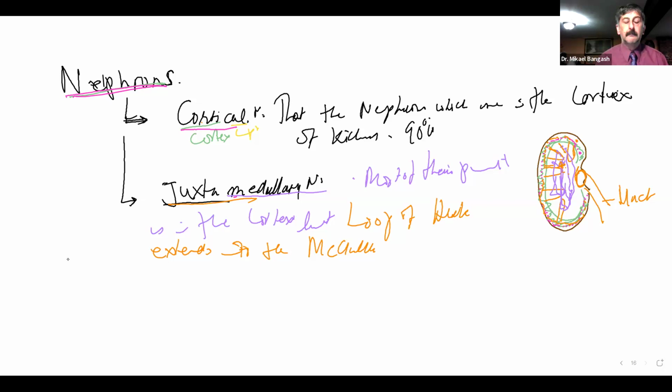Did you guys get that? So the difference between a cortical nephron and a juxtamedullary nephron is that the juxtamedullary nephrons have longer loops of Henle, because they leave the cortex and extend into the medulla.